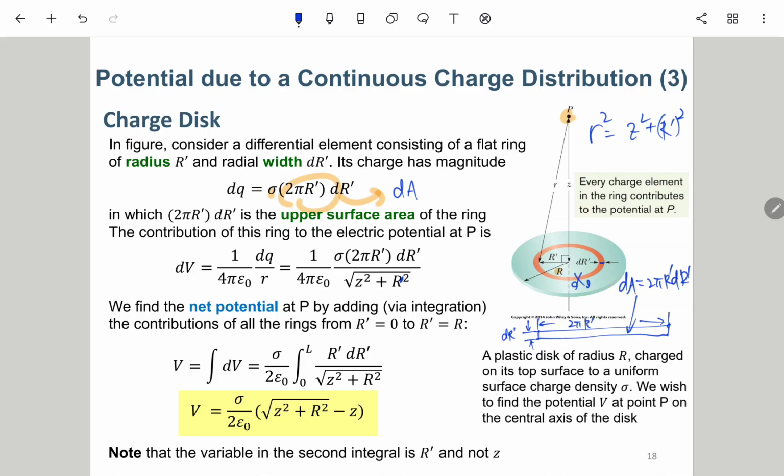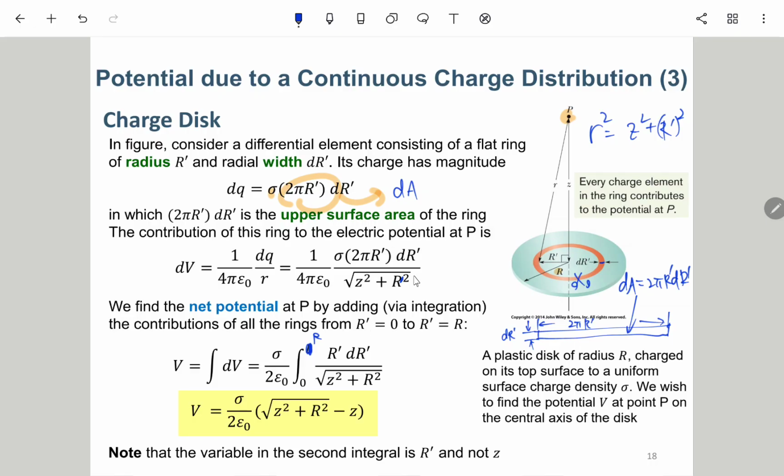So to find the overall potential at this point, V equals the integration of dV from 0 to capital R, rather than capital L.